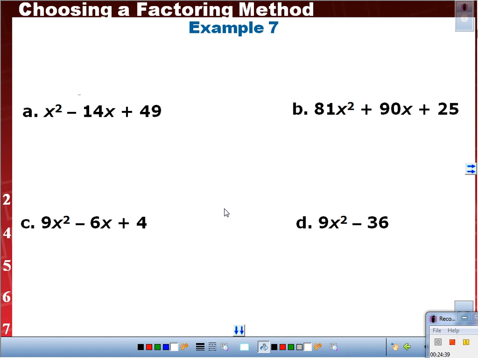81 times 25 is 2025. It is. What is it actually? Yeah, 81 times 25? 2025. Because he's like a mad genius. Yeah, that's right. Be nice, my God. Okay, blind. Doesn't respect people in class.